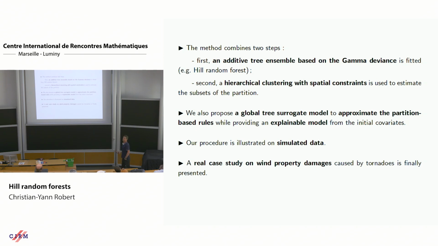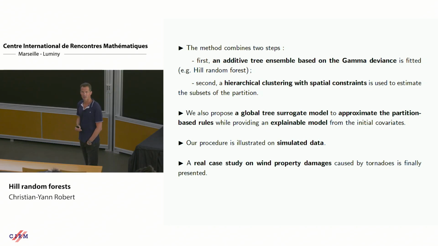So, two steps. The first step is to use what we call an additive tree ensemble, which, for example, is what is done by the Hill random forest. When you do that, you obtain a very fine partition of your covariate space, with very small rectangles.